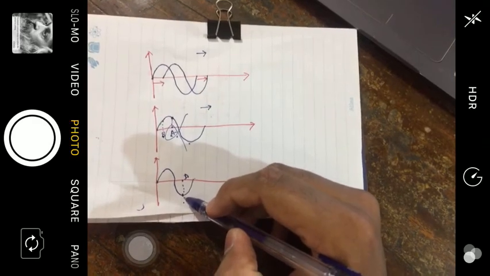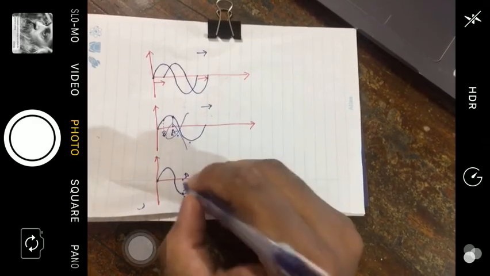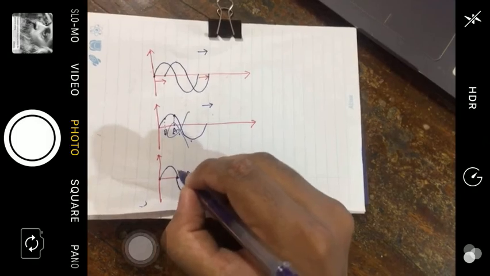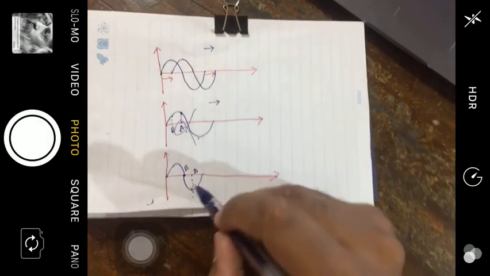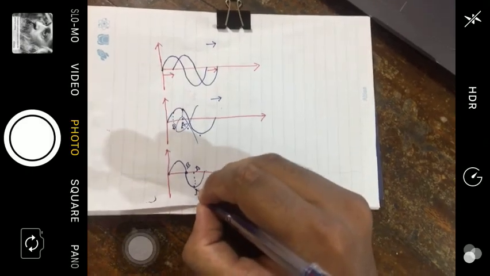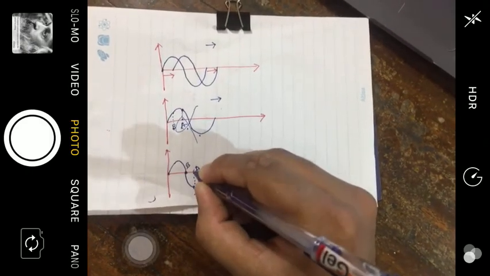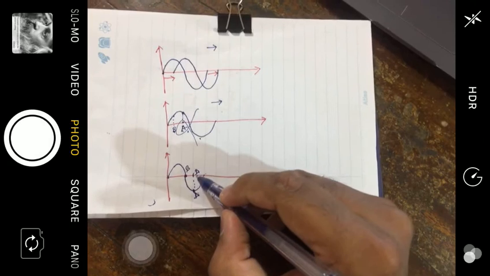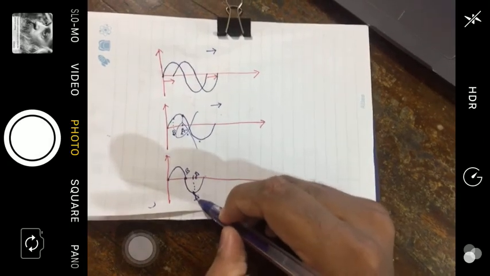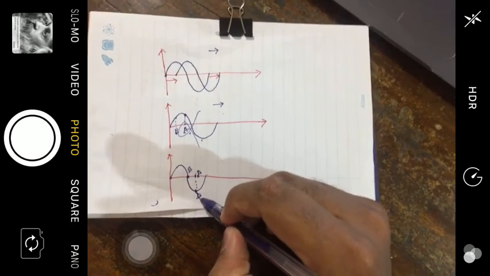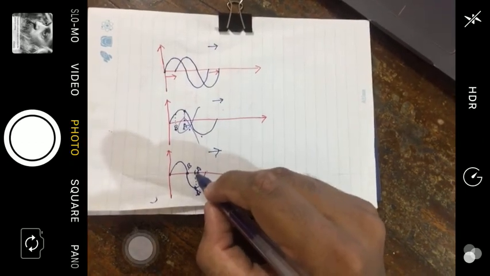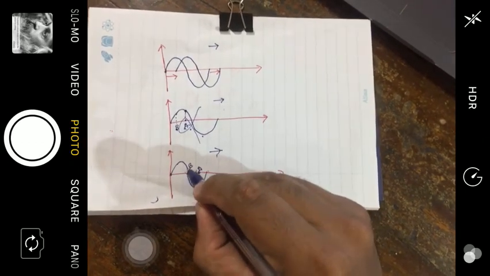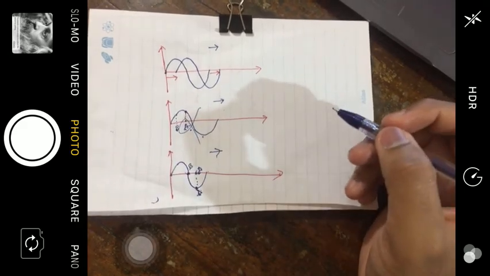After some time when the wave shifts, particle A should have the same experience as particle B. Right now particle A is here. This is the equilibrium point of particle A, but right now it is here.